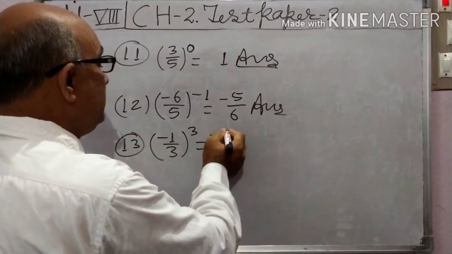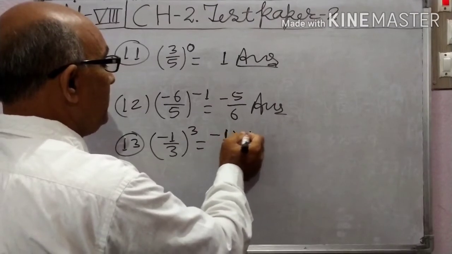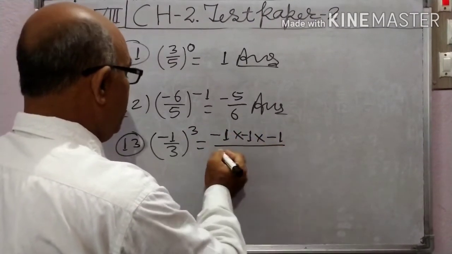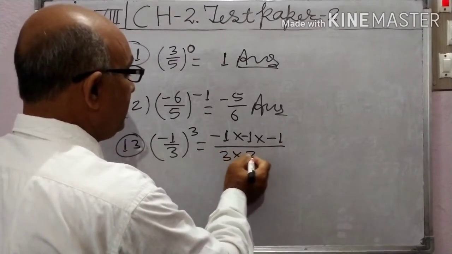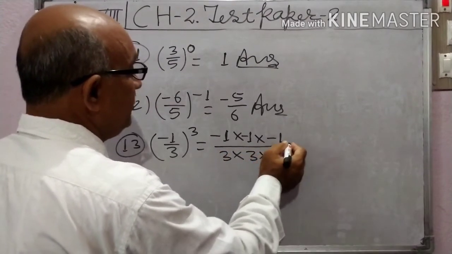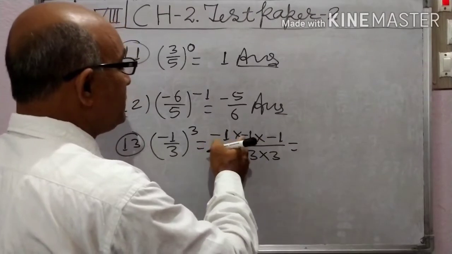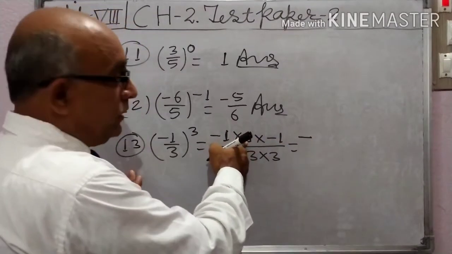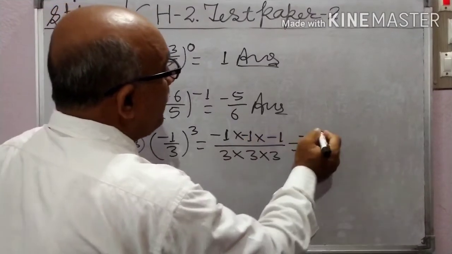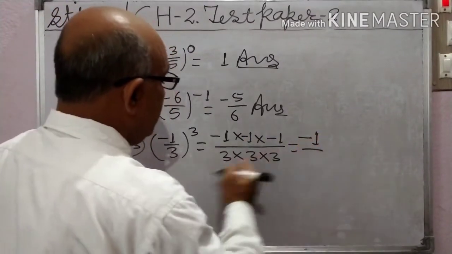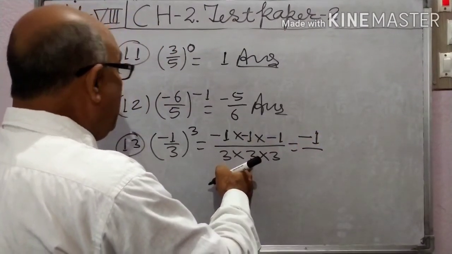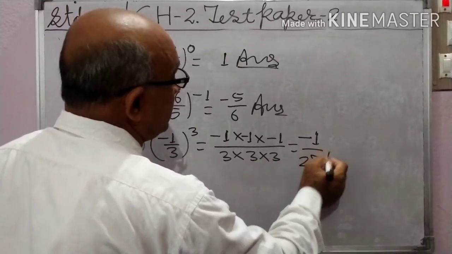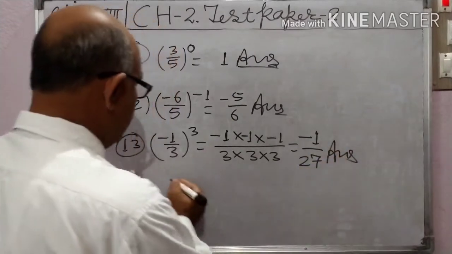So minus 1 into minus 1 into minus 1 divided by 3 into 3 into 3. Minus into minus is plus, plus into minus is minus. 1 1 is 1, 1 1 is 1. So 1/3, 3 3s are 9 and 9 3s are 27. Minus 1/27 is the answer of the question.